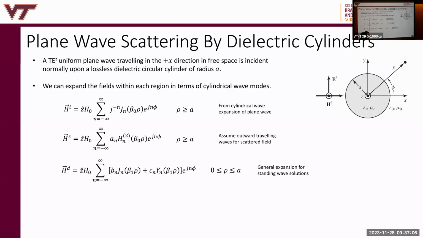We know for standing wave solutions in cylindrical coordinates, we have Bessel functions of the first and second kind, J n and Y n. So J n plus Y n with B n and C n as the coefficients, and e to the j n phi. And the domain of that expansion is within the dielectric medium alone.